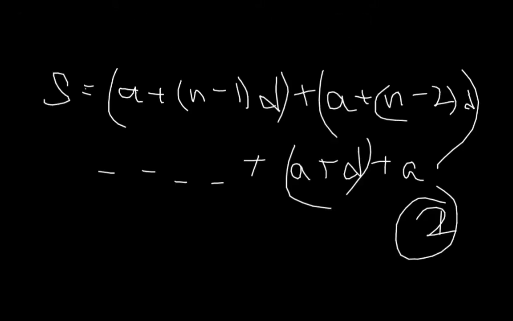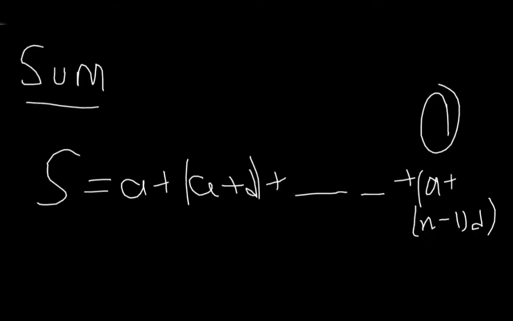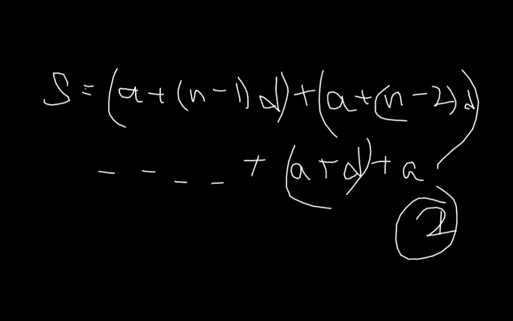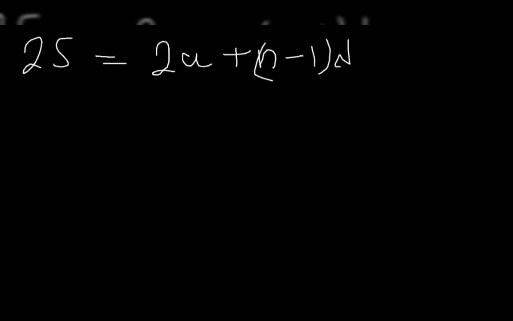What will be the second term? It is a plus (n minus 2)d and here a plus d, so it will be nothing but 2a plus (n minus 1)d again, and so on.